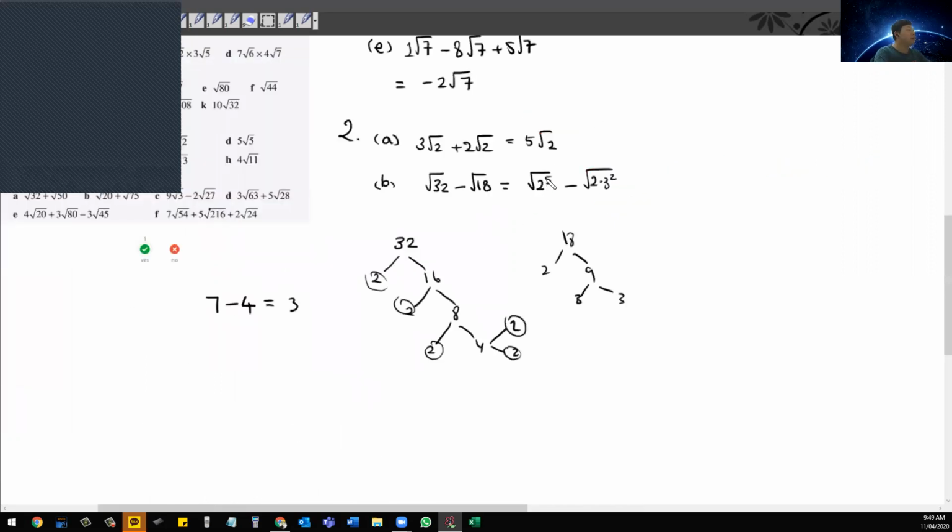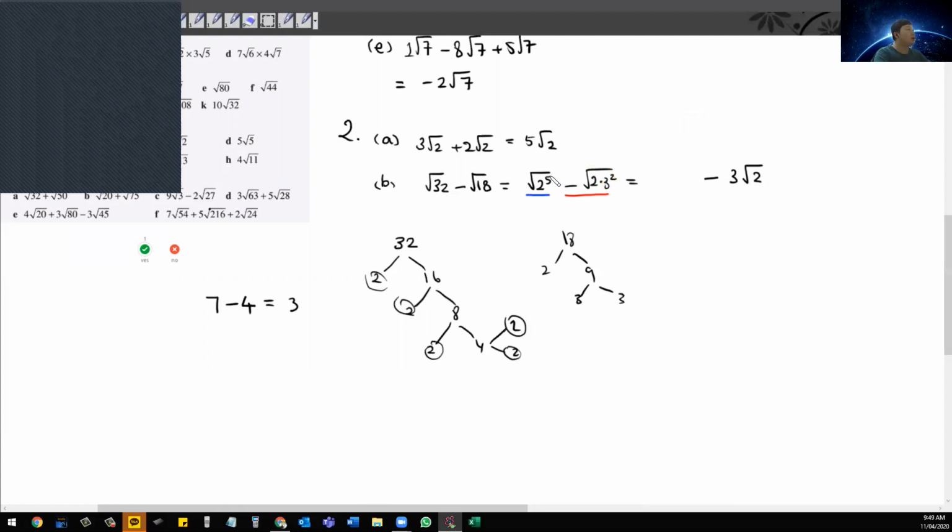I'm going to go through this one first, okay? So that's equal to negative of what? It's 2 and 3, right? So this 3 squared can come out to the front as a single item.